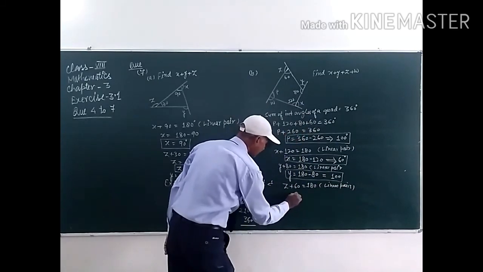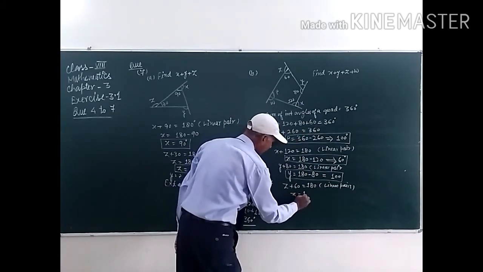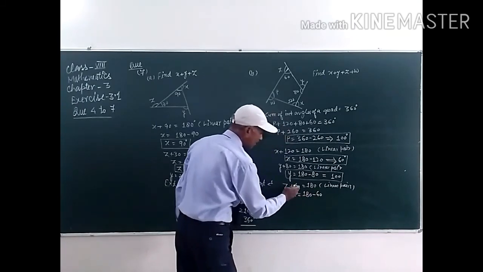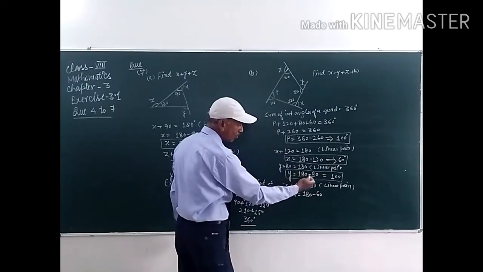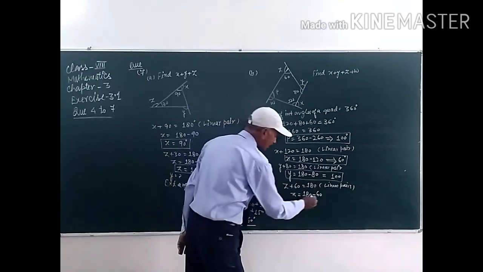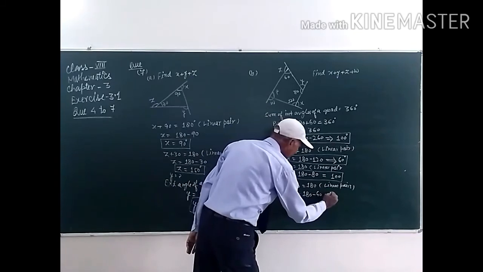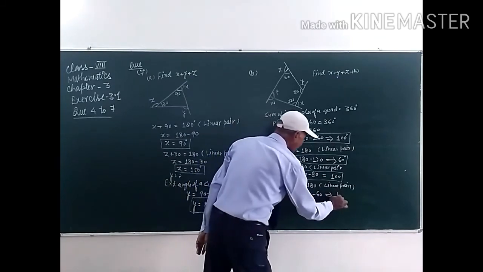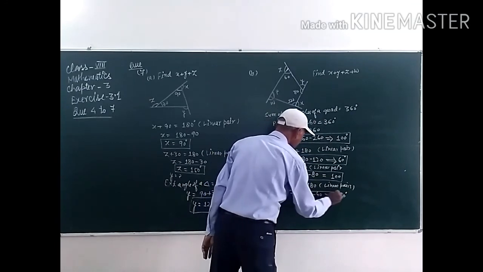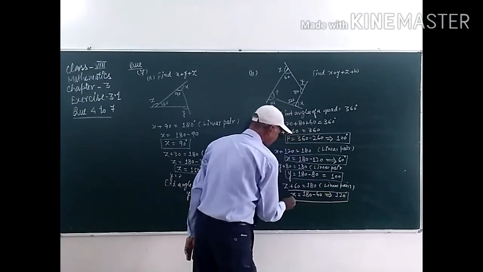And z is equal to 180 minus 60. After transposing 60 from the left hand side to the right hand side, it will be 180 minus 60, and it will be 120 degrees. The value of z is 120 degrees, student.